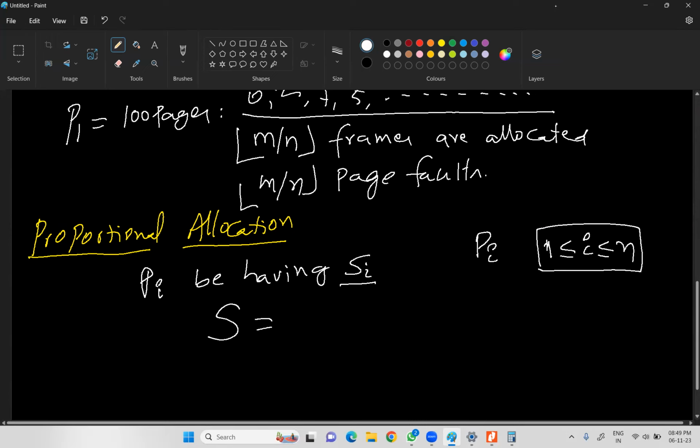Let me erase this for a while because it is a small si, not capital Si.